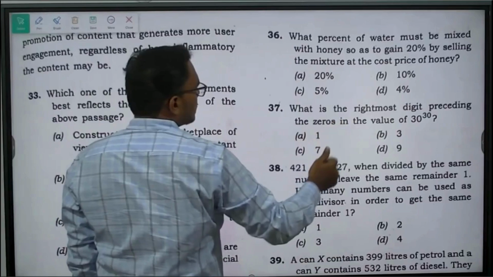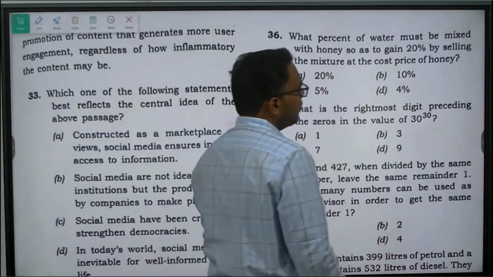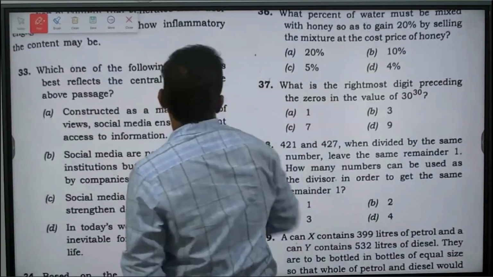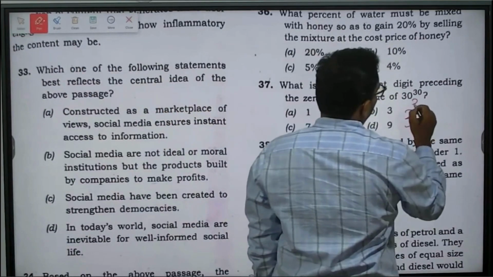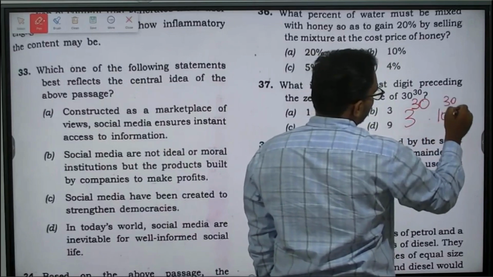Okay, what is the rightmost digit preceding the value of 30 power 30? This 30 power 30 can be written as 3 power 30 into 10 power 30.